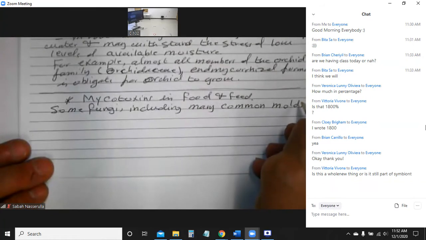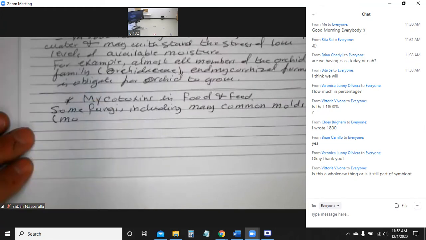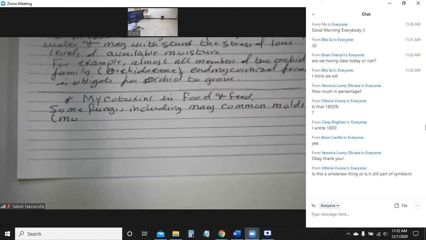Mostly, you remember the hyphomycetes, a group of the fungi imperfecti. In fungi imperfecti, we group them based on the asexual production of their spores. The hyphomycetes are those which produce conidia, like Penicillium and Aspergillus, whose sexual life cycle is not known, so they are put in this group.